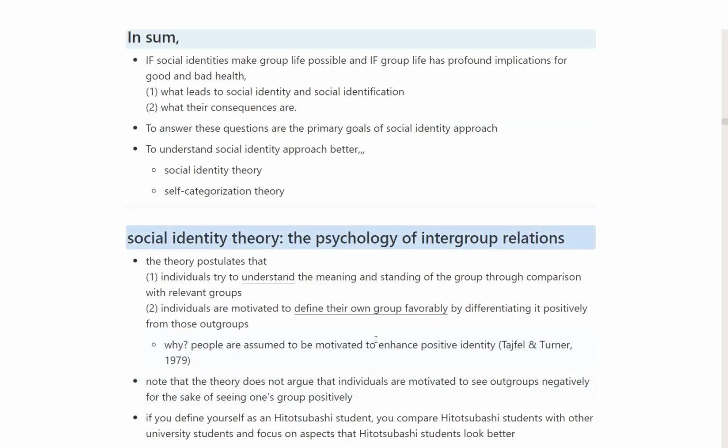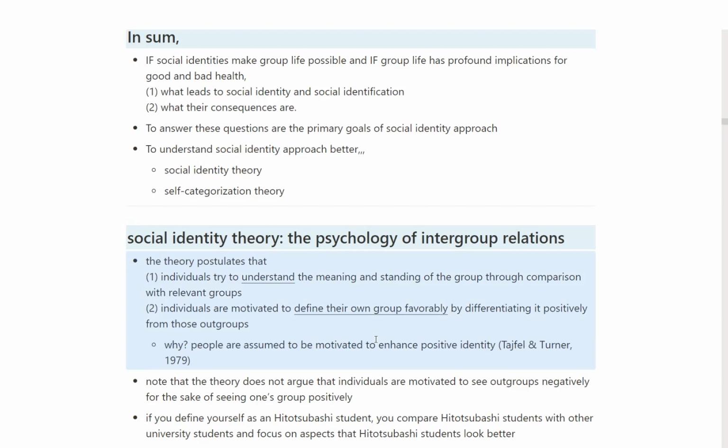Social identity theory. This is the psychology of intergroup relations. So, I will talk about when the social identity theory was originally proposed. This theory was created in order to explain intergroup relations and intergroup behaviors. The theory postulates that individuals try to understand the meaning and standing of the group through comparison with relevant groups.